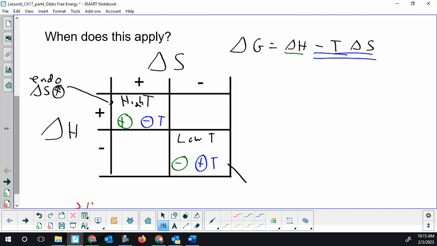So this box is exothermic, and the change in entropy is negative. We're getting more ordered, which is not helping there be free energy. So what's driving this box is that green negative symbol, the fact it's exothermic. So this is enthalpy driven. That's what's giving us our free energy.